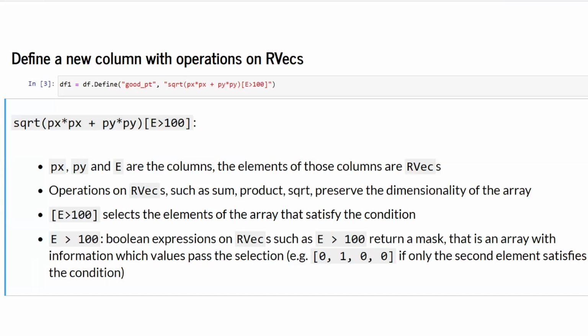The first category is whenever you have a question, a query, whose output should be true or false. For example, give me all the events where the number of muons is greater than 2. For every event, you check how many muons do I have? Is it greater than 2 or not?